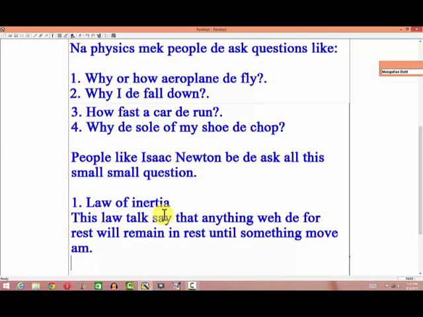Something must do it before it can move from that place.